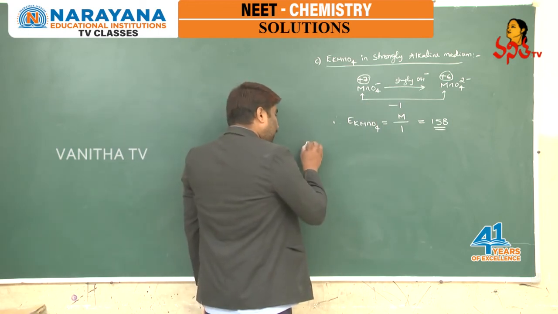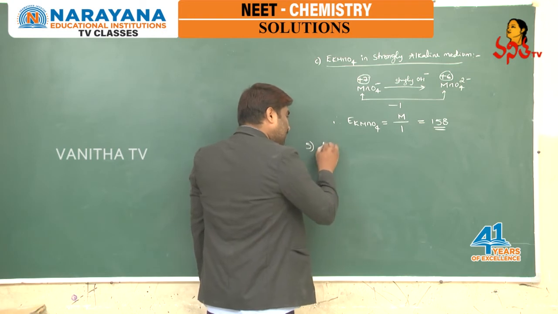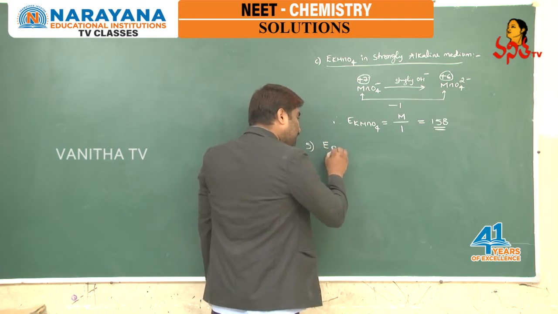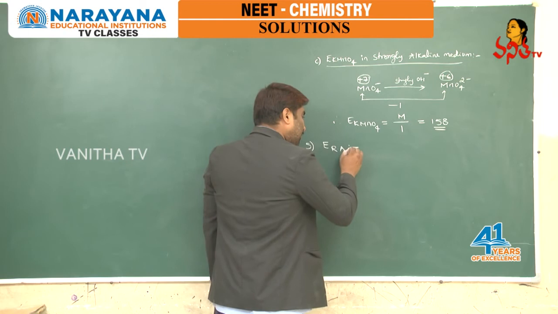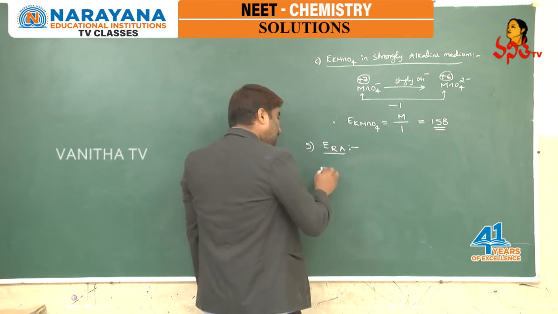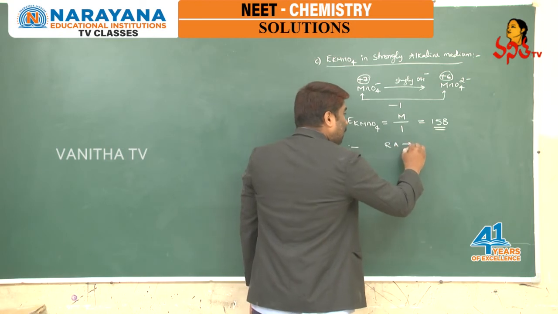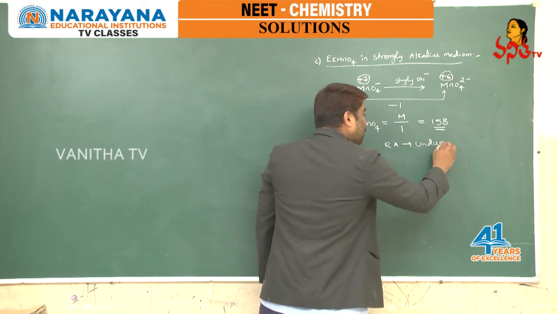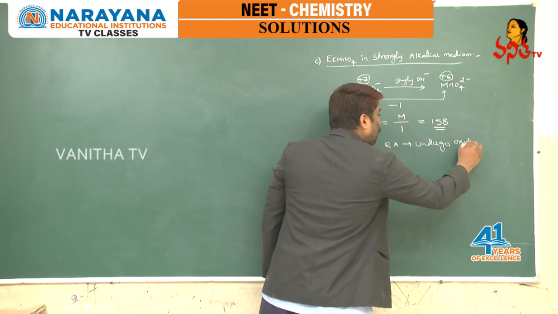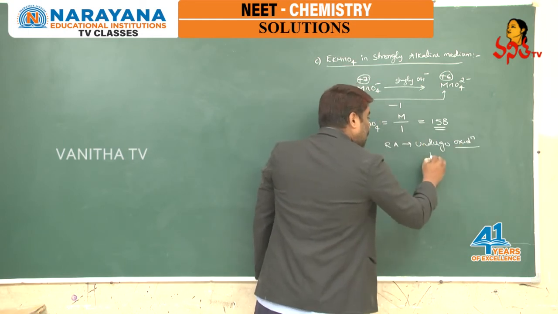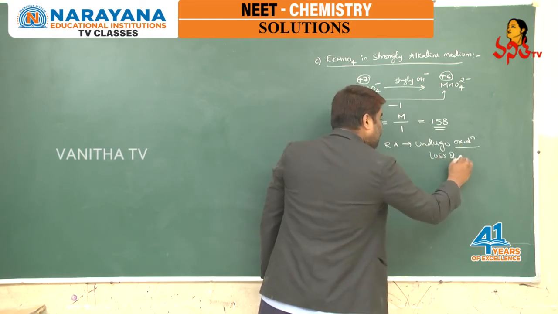Next, the fifth and last one, that is the equivalent weight of reducing agents. So, how to calculate? A reducing agent always undergoes oxidation. What is oxidation? Loss of electrons is called oxidation.